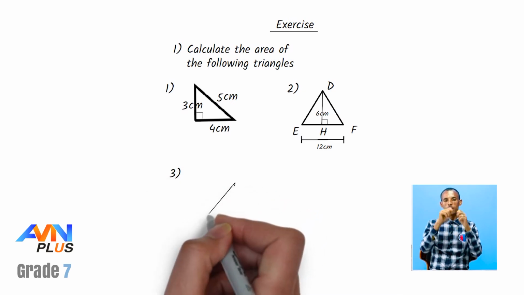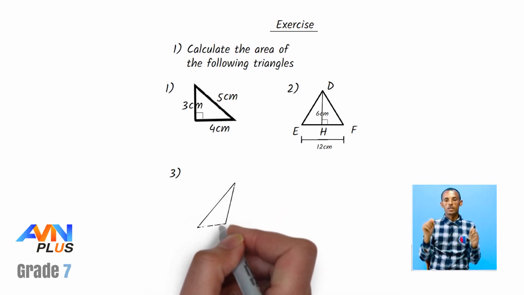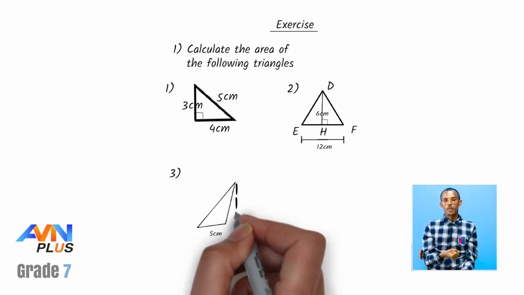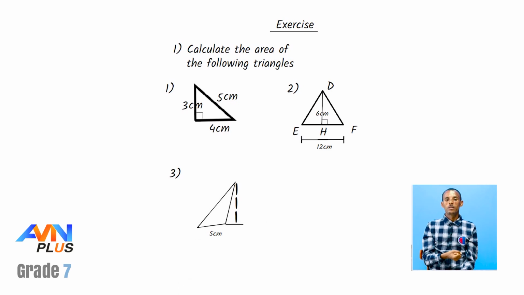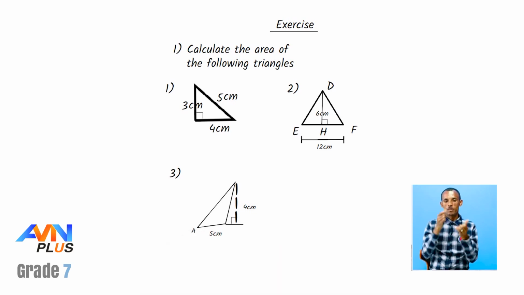And calculate this one also, the area of this triangle. This one is 5 centimeter, this one is 4 centimeter. Calculate the area of this triangle ABC. That's it.